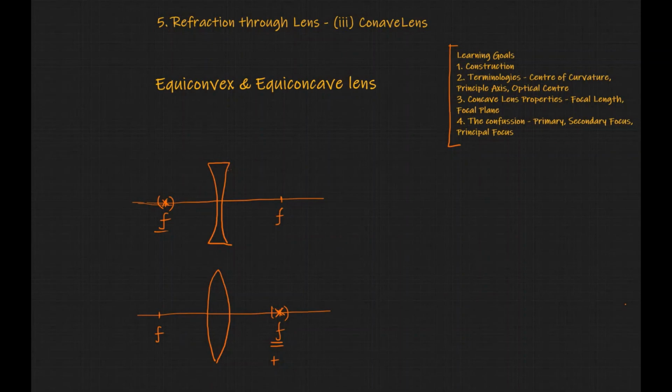Finally, in this chapter we are mostly dealing with what we call equiconvex and equiconcave lens. By this what we mean is my primary and secondary focus are equal. So it does not really matter whether you write F1, F2, you don't need to write all that. You can just write F and F because the focal length is same.